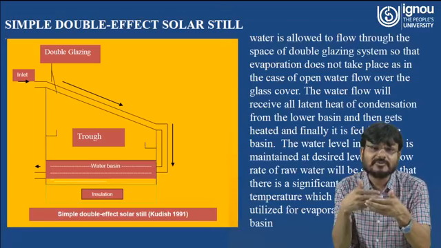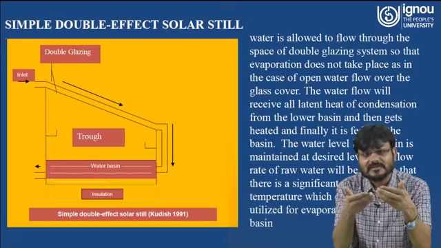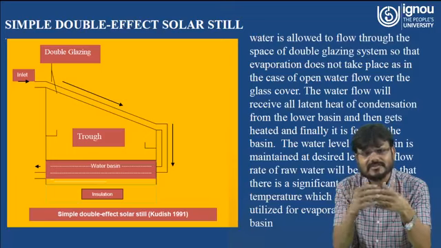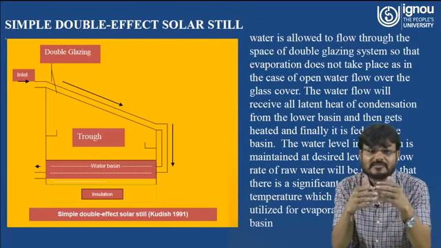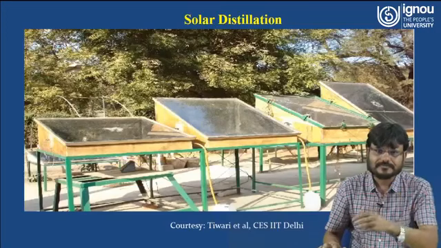That means evaporation will be more. If evaporation is more, this water will reach the glass cover of this glazing, and again it will transfer its latent heat to the glazing, and this water will be condensed, and you can collect this distilled water. That means by this mechanism you can increase the yield of the solar still.